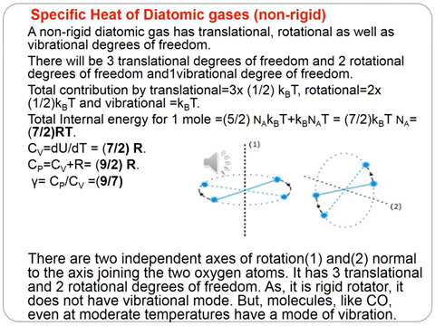It has 3 translational and 2 rotational degrees of freedom. So, it is a rigid rotator. It does not have vibrational mode of energy. But molecules like carbon monoxide, even at moderate temperatures, will show a mode of vibration.